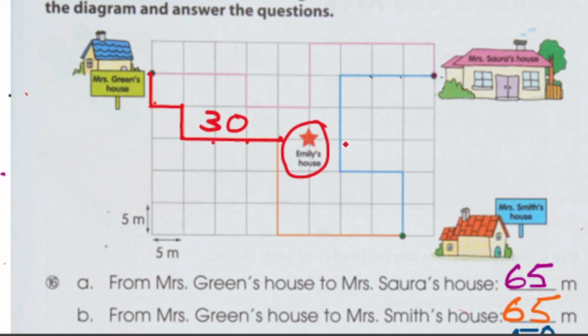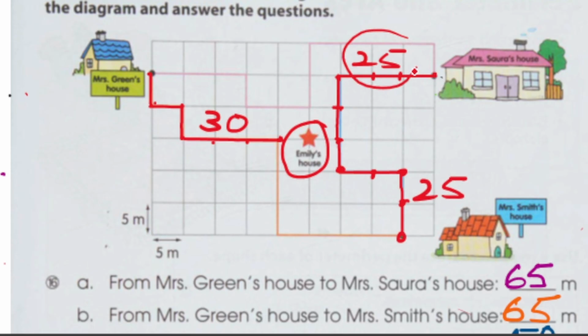And if she goes to Mrs. Sora's house, so this will be the route, 5, 10, 15, 20, 25. And to Mrs. Smith, so 5, 10, 15, 20, 25.